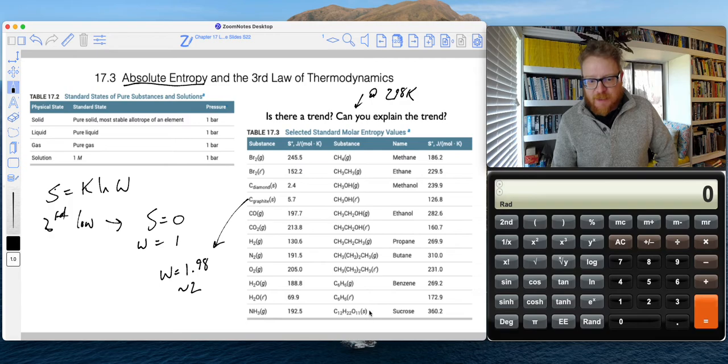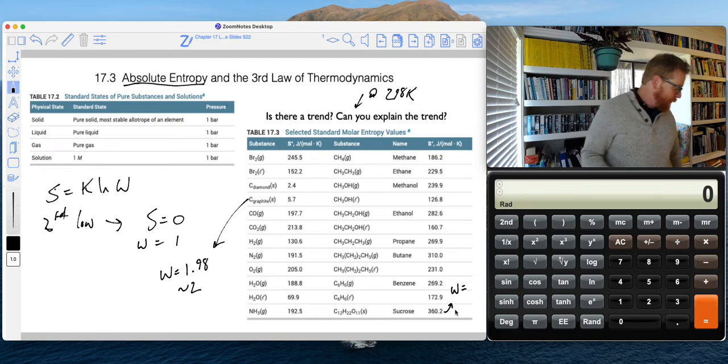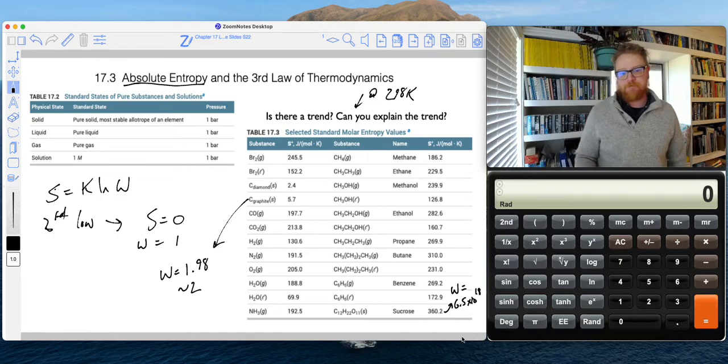But if we were to look at something like sucrose with 360.2 joule per mole per K, if you calculate the number of microstates of this material, it's something like 6.5 times 10 to the 18, which is just crazy.